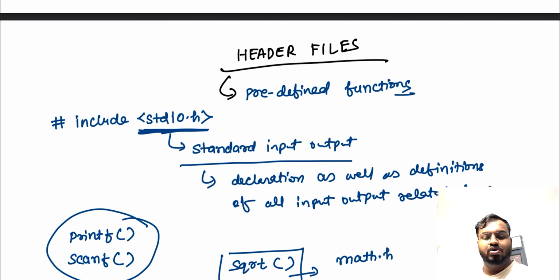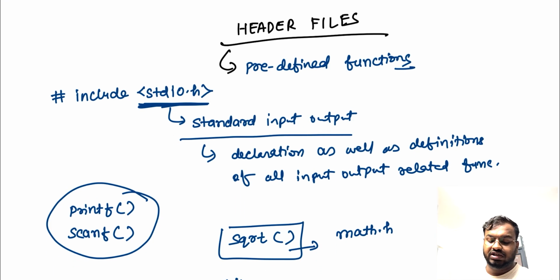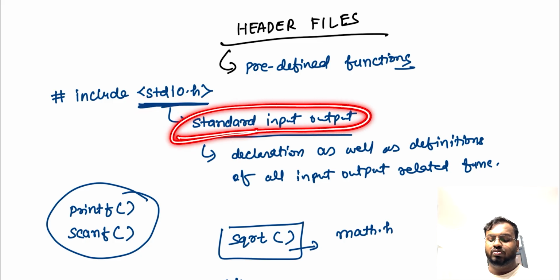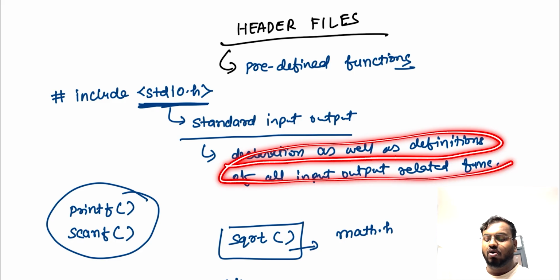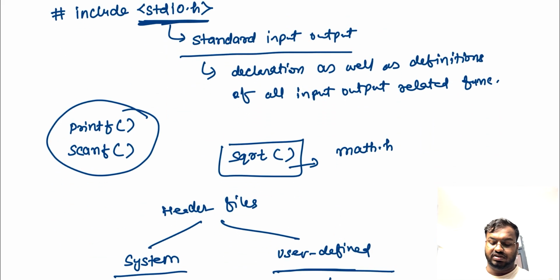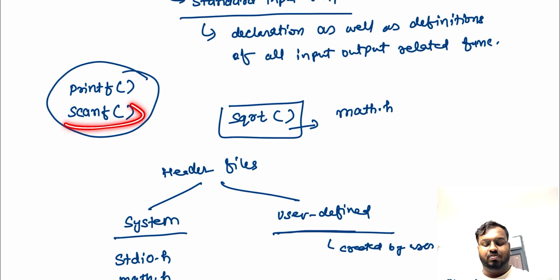Then after that we will talk about header files. Header files contain predefined functions. For example, stdio.h is the standard input output header file. It contains the declaration as well as the definition of all input output related functions. scanf is used to take input from the user, and printf is used to print something on the console.